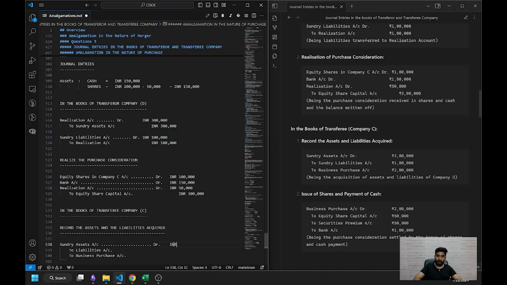The amount will be, we acquired the total assets of rupees 3 lakhs, out of which the liabilities were of rupees 1 lakh and the business purchase was of rupees 2 lakhs.